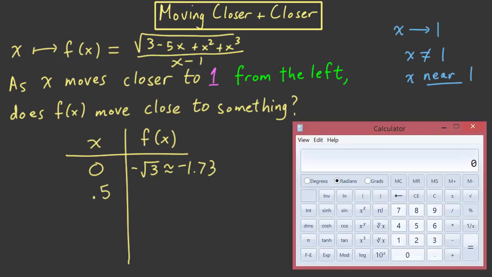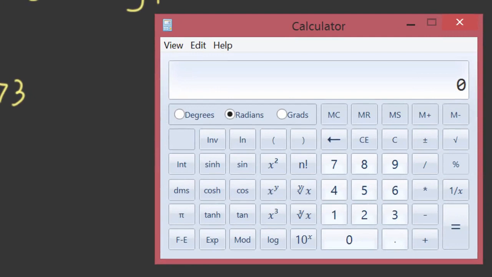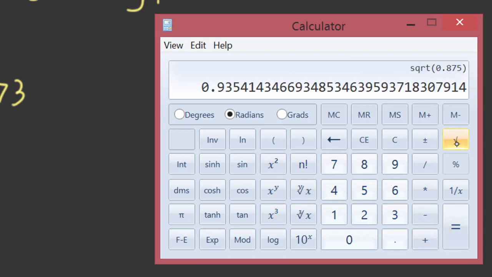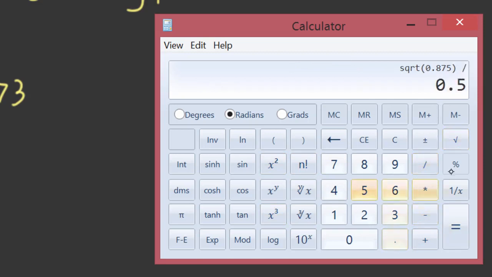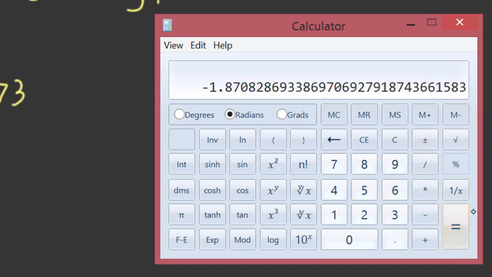I'm going to have to bust out the calculator here. So we've got 3 minus 5 times 0.5 plus 0.5 squared plus 0.5 cubed. And then we need the square root. And then we need to divide by 0.5 minus 1, so 0.5 negative. So we get minus 1.87, roughly.